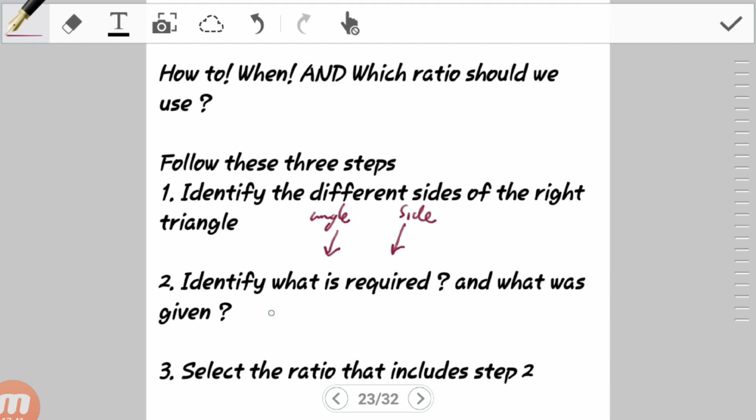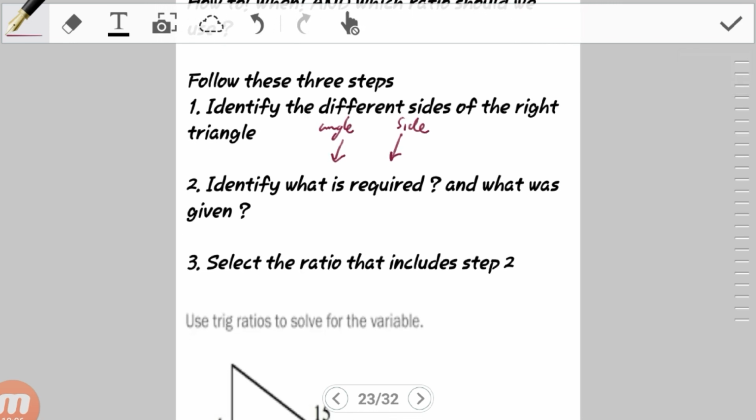And what must be given? You have to be given some sort of information. More than likely, if you're finding an angle in the right angle triangle, you are going to be provided with 2 sides. And if you're finding a side in a right angle triangle, then you must be provided with a side and an angle. So look out for those.